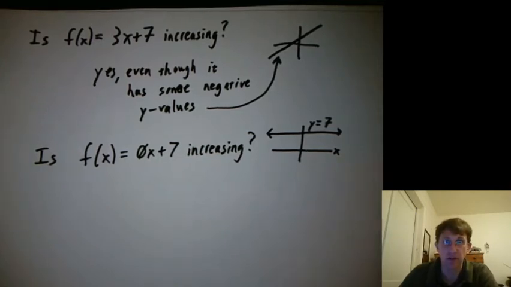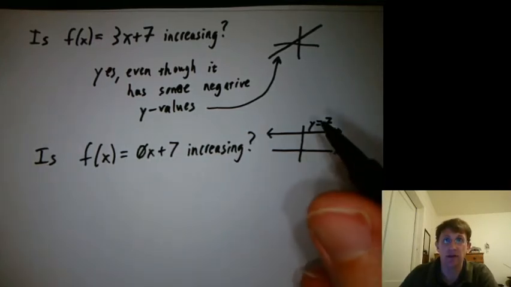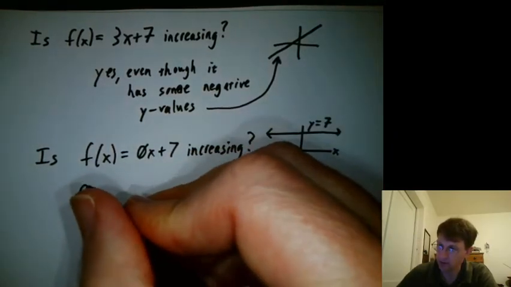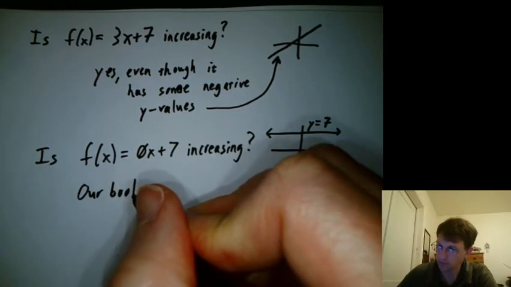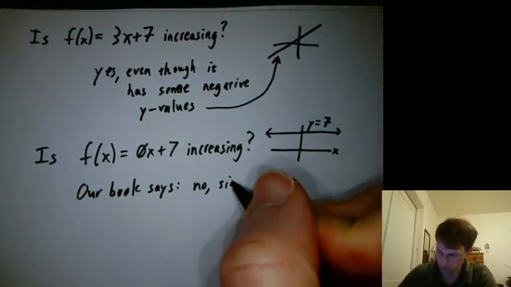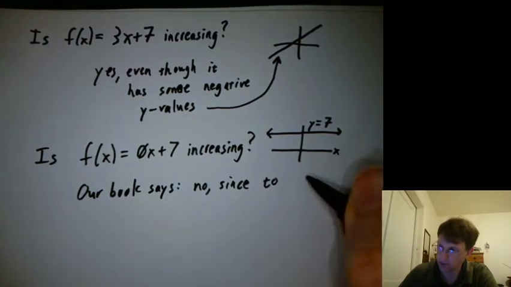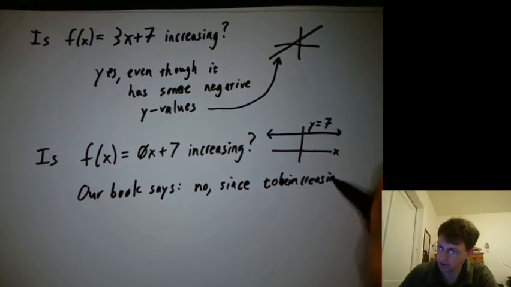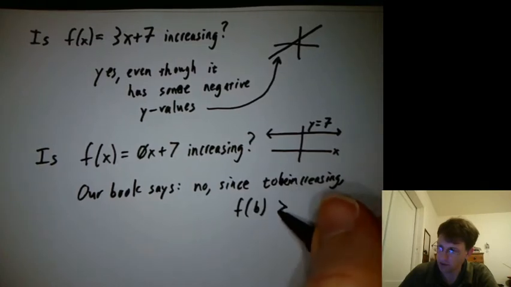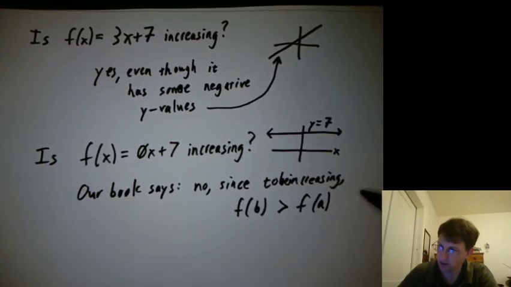Well, our books would say no, because the function doesn't actually get bigger as you move from left to right. So the book says to be increasing, we have to have f of b strictly greater than f of a when a is less than b.